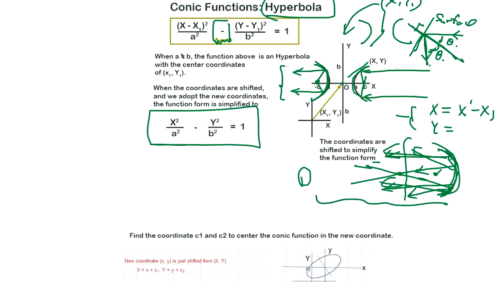Okay, so it has two focus points, one on each side. So that's the conic function, hyperbola.